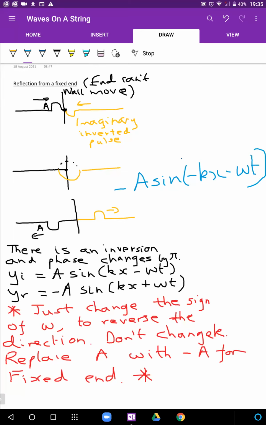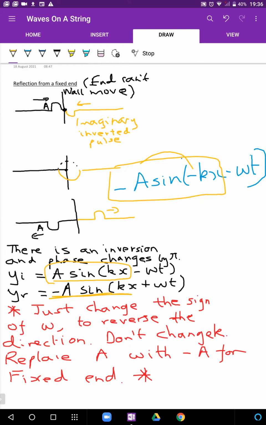Now if you freeze time, or if you put in the same value of omega t, if you take a snapshot of time, this is suddenly telling me that before reflection, my shape was an a sine kx shape, and after reflection, my shape is again, you can take the minus sign out, you put omega t as 0 for both, it's again an a sine kx shape. All right, so there is no inversion at all. We want it to be a negative a sine kx shape.